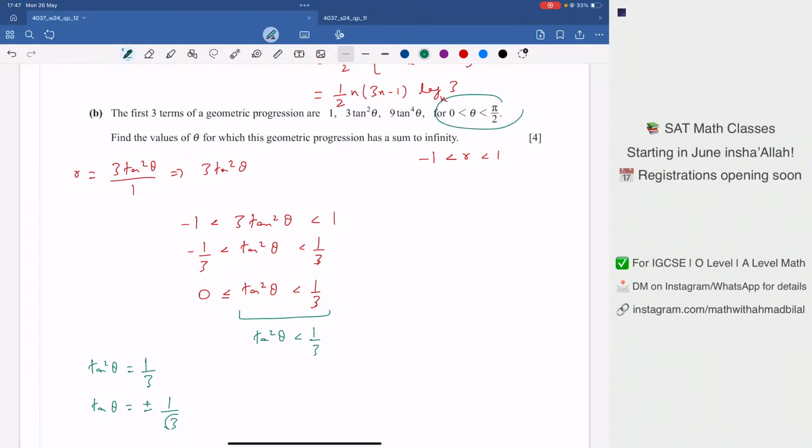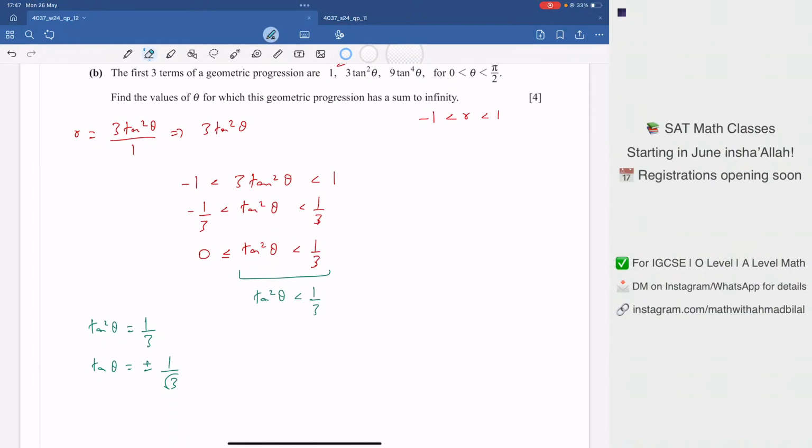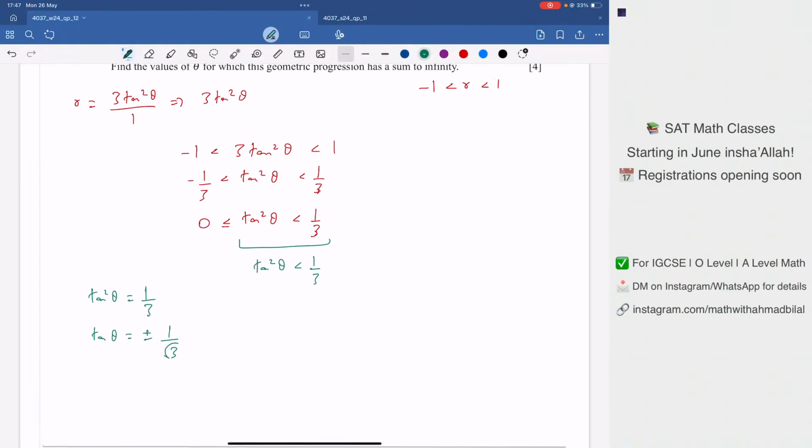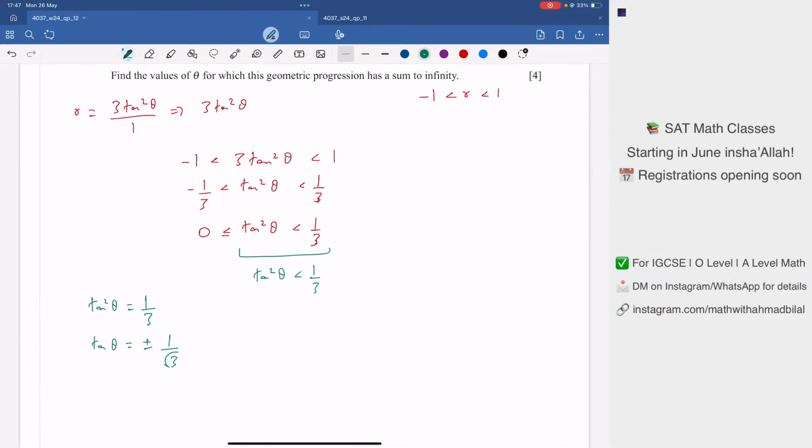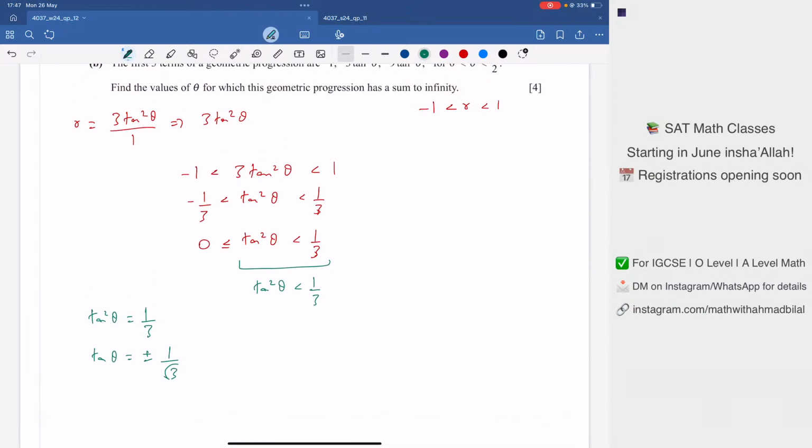Now, this is only first quadrant, right? From 0 to pi/2. So all we care about is that it has to be in the first quadrant. In the first quadrant, we only get one possible value of theta from this. 1/√3, that will be at pi/6. Okay, so that's the solution of this equation. There's only one value that we're getting, that's pi/6.